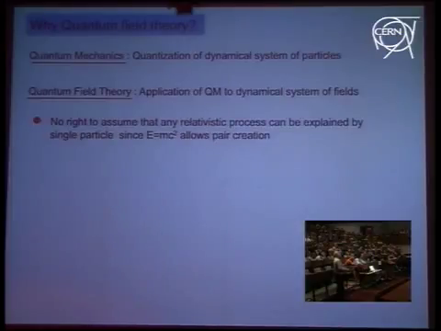But if we are in a relativistic situation, we have a conversion possible between energy and mass, E equals mc squared. And what that means is if you get, for example, to an energy greater than twice the mass of an electron, I can convert that energy into a pair of electrons, or electron and positron.